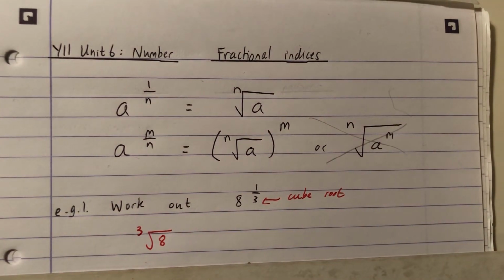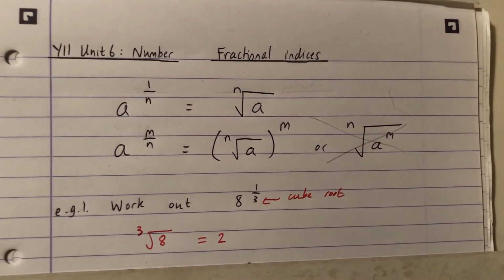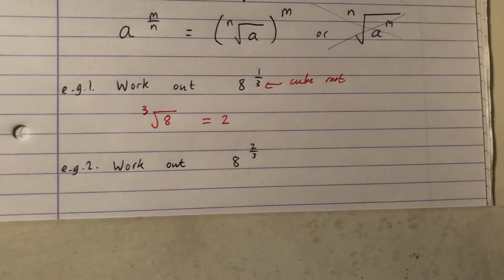So for a cube root in your mind, you're thinking, I'm trying to think of a number when I times it by itself 3 times, the answer's 8. And the only number that does that is the number 2. Okay, so 8 to the power of a third would be 2. Right, example number 2.